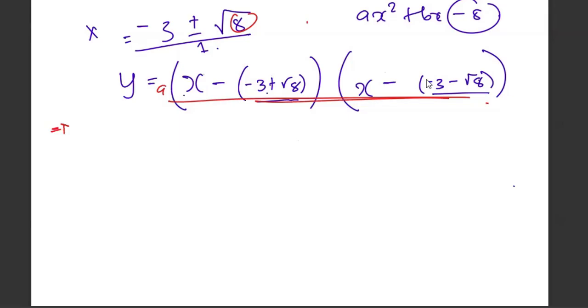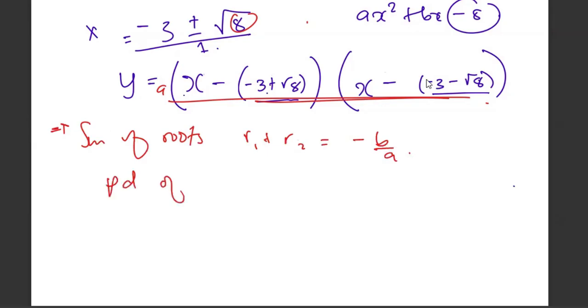Maybe we can use a different approach, knowing that if we need the sum of the roots, that's going to be the first root and the second root. We must get negative b over a. And then if I talk of the product of the roots, so r1 times r2, that must give me c over a. But now the question already gave us the c value to be negative 8.